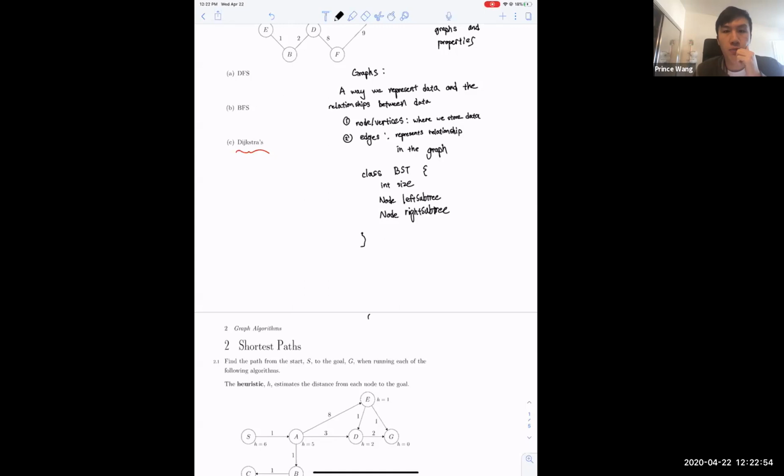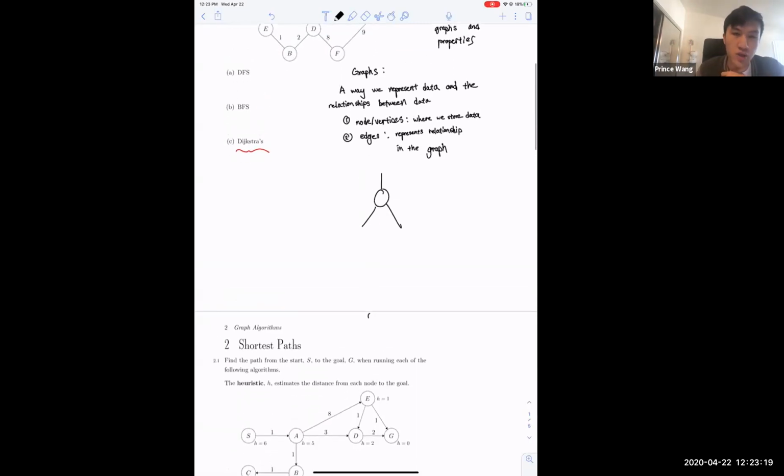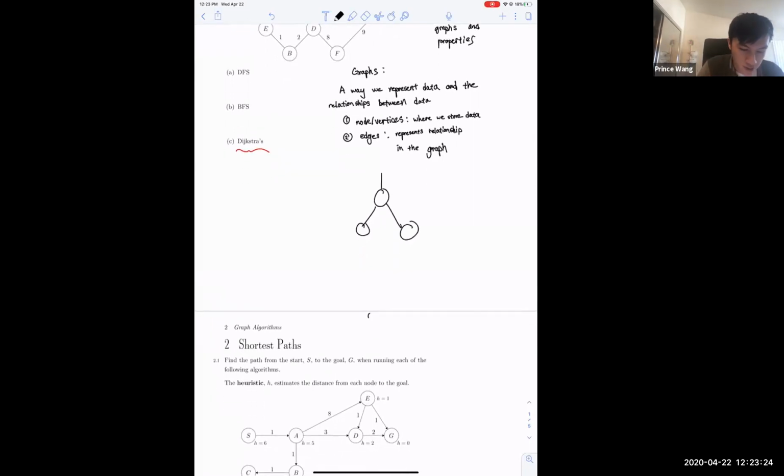What's great with this representation is that you basically only care about the nodes. With a BST, you know that a node has either one child or two children, and it's always going to have a parent, except for the root node. So you can think of a binary search tree as a data structure where the relationships are rather fixed, so it's always going to be this type of structure, with no exceptions.